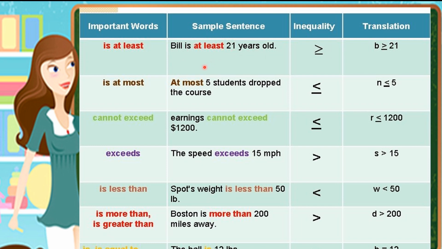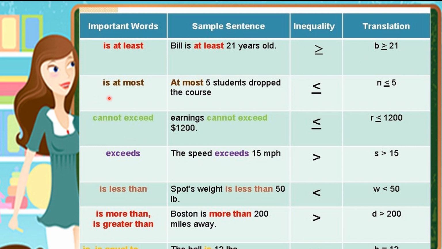What is the at least word in symbol? So, inequality symbol niya ay greater than or equal to. So, therefore, if we are going to translate, let us be the Bill's age. So, B is greater than or equal to 21.